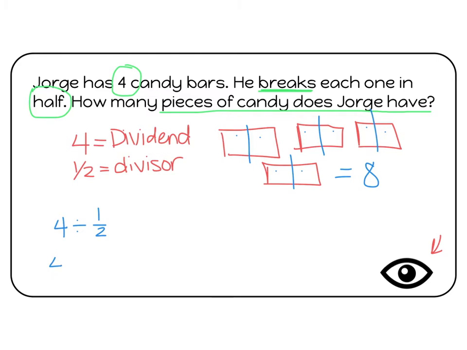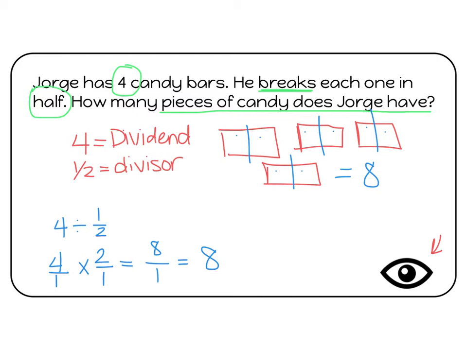So I'm going to keep, change, flip it upside down, and I notice that I started with a whole number, so it makes sense that my answer is a whole number. We're going to multiply straight across the top: 4 times 2 is 8. And straight across the bottom, 1 times 1 is 1, which means that my answer is 8.